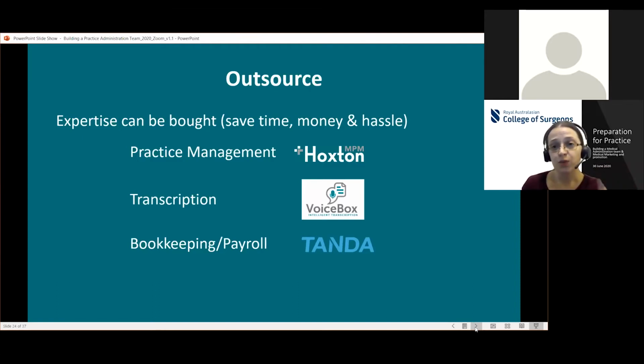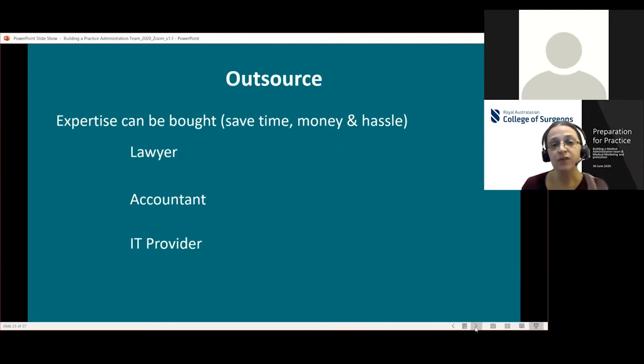And then in addition to all these administrative areas, you also want to outsource things that probably seem obvious, but are another form of outsourcing, which is your legal requirements to your lawyer, your finances to your accountant, and your IT to an IT provider. Now, I mentioned the IT provider because obviously we're all familiar with some of the changes happening in the medical software space now.